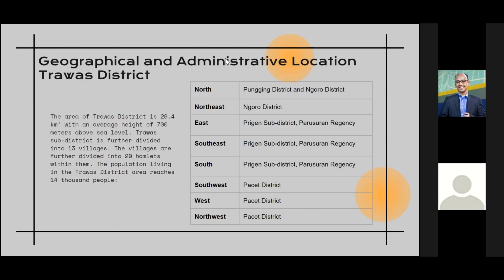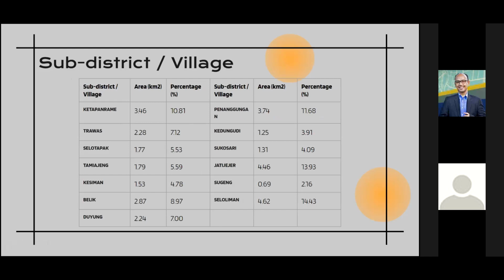This is for the geographical and administrative location, Trawas district, and also the sub-district villages. And we are using Trawas, whose area is 2.28 square kilometers, with a percentage of 7.12.